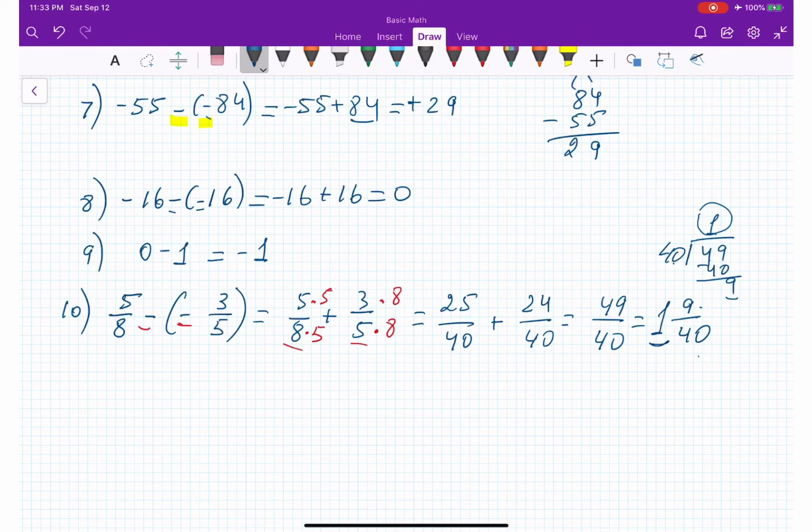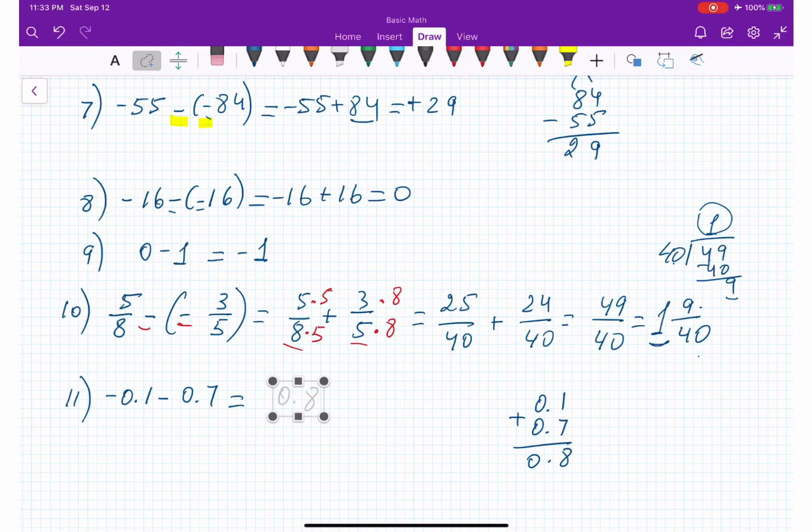Okay. Number 11. Negative 0.1, negative 0.7. So both signs are the same, therefore we are adding 0.1 and 0.7. 1 plus 7, 8. And here is 0, 0.8. Since both numbers, see I forgot to make it red.